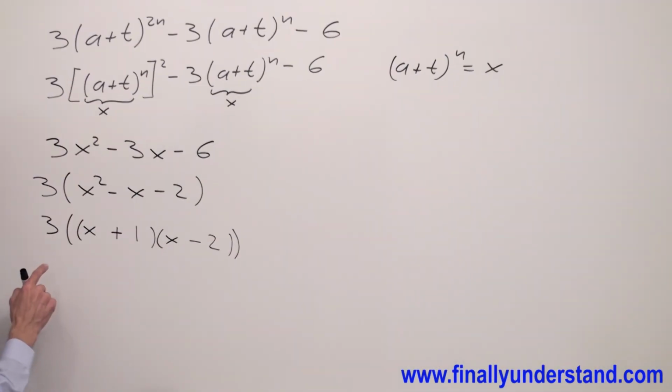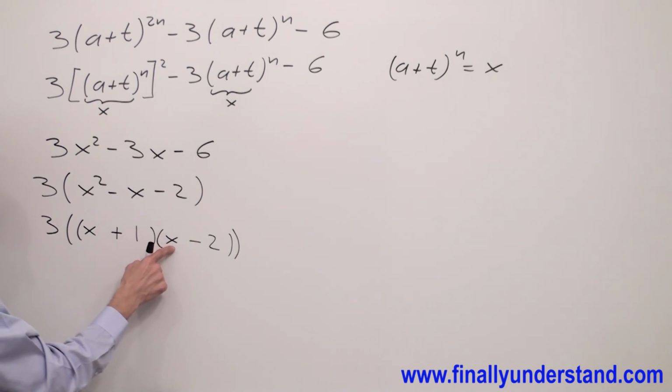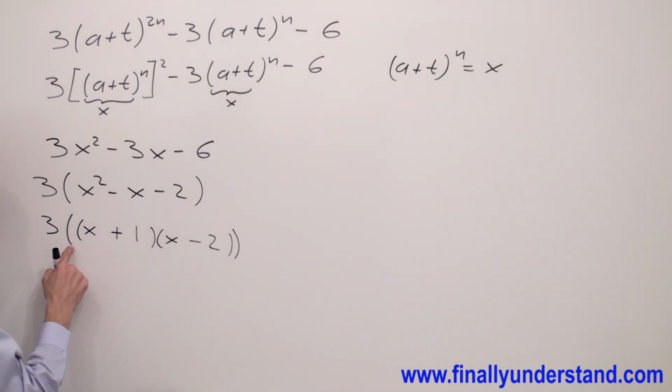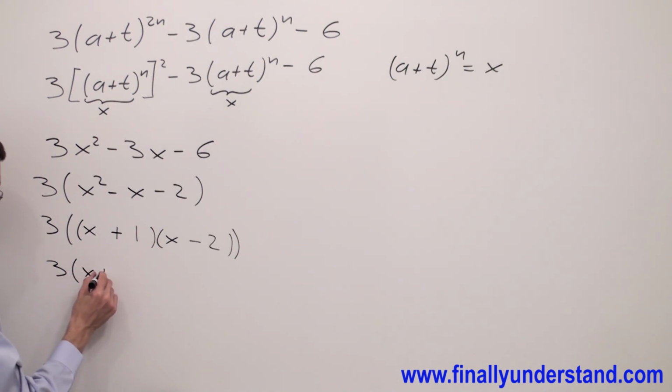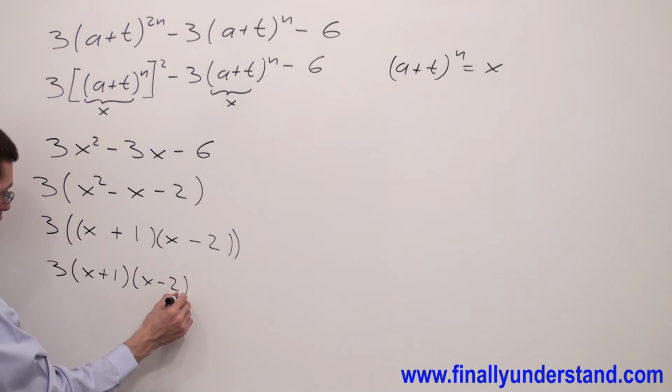Please notice that we have multiplication. 3 is multiplied to x plus 1 and is multiplied to x minus 2. That's why I can ignore the external parentheses. That's why I'm going to have 3, open parenthesis, x plus 1, x minus 2.